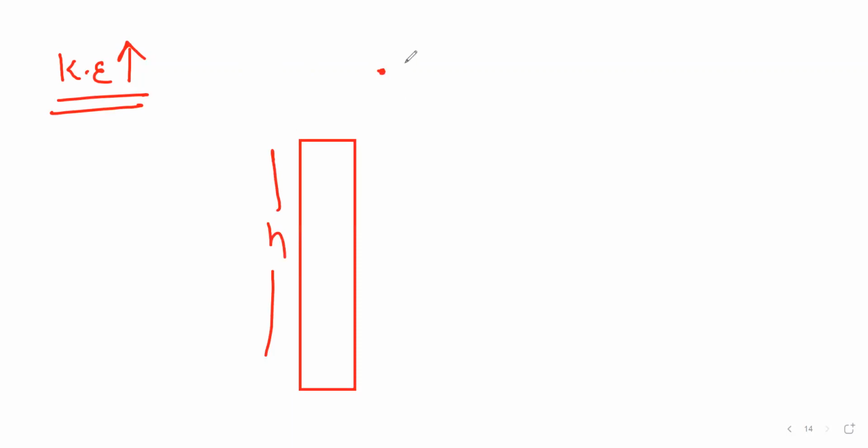Where does this kinetic energy come from? The potential energy converts into kinetic energy. When we take a stone to a certain height, it gains potential energy. When we leave it, as it falls down, it loses potential energy and gains kinetic energy.